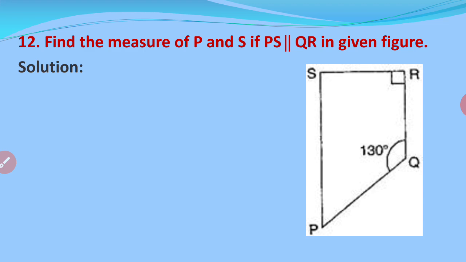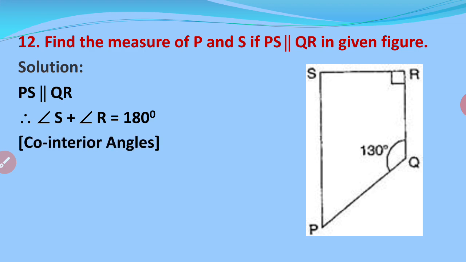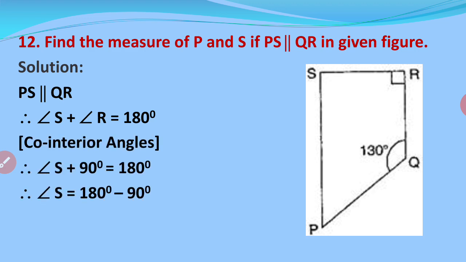We are supposed to find out the measure of P and S. Now we'll consider the parallel lines PS and QR, and initially let us consider SR to be the transversal. So angle S and angle R will add up to 180 degrees because they are co-interior angles. So angle S comes out to be 90 degrees.